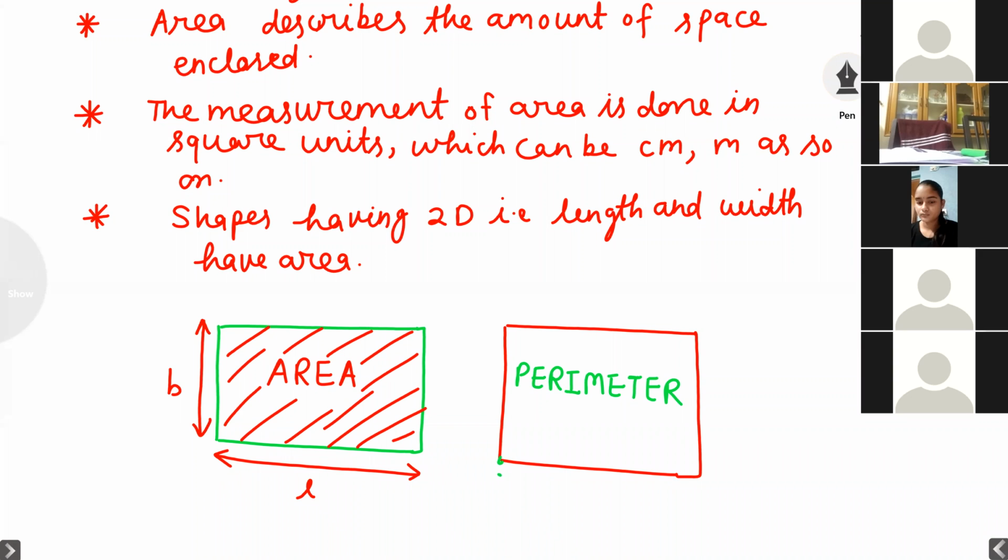I take one point: this length plus this length plus this length plus this length.